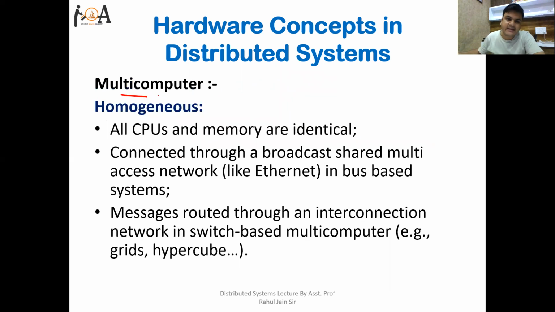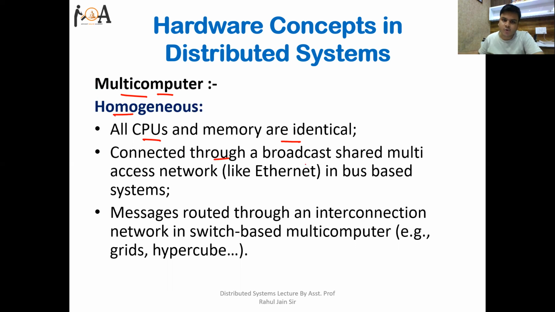And if we talk about multi-computer, till now we have talked about multi-processors. Many processors are working. And if you will see multi-computer, it is also two types, homogeneous and heterogeneous. If we talk about homogeneous, all CPUs and memories are identical in it.